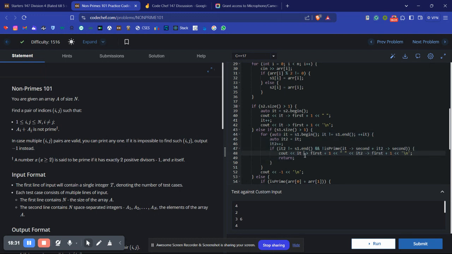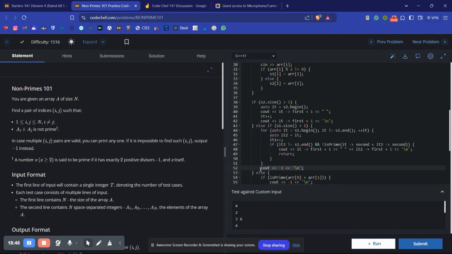In the odd number set, we are checking whether the sum of both numbers is prime or not. If it is not prime, we are printing the indices. Otherwise, we are printing -1 if we are unable to find any pair such that their sum is not prime. That means all of the odds in the set are maybe only ones.